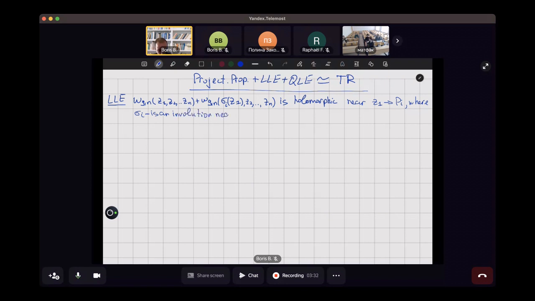Sigma_i is an involution near p_i. We independently require that the omegas are symmetric.